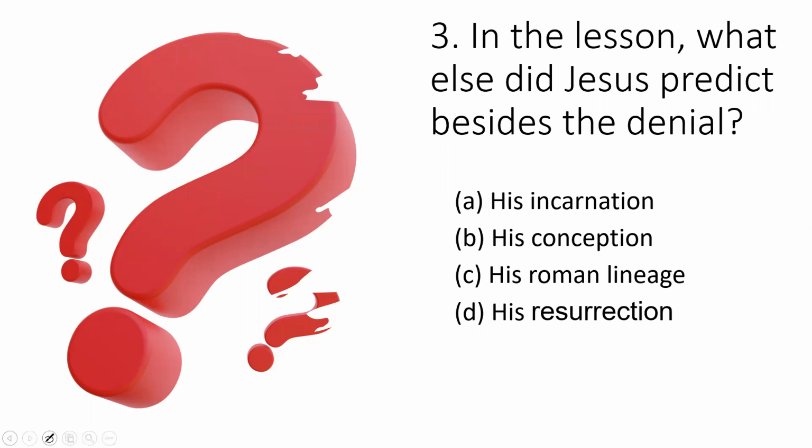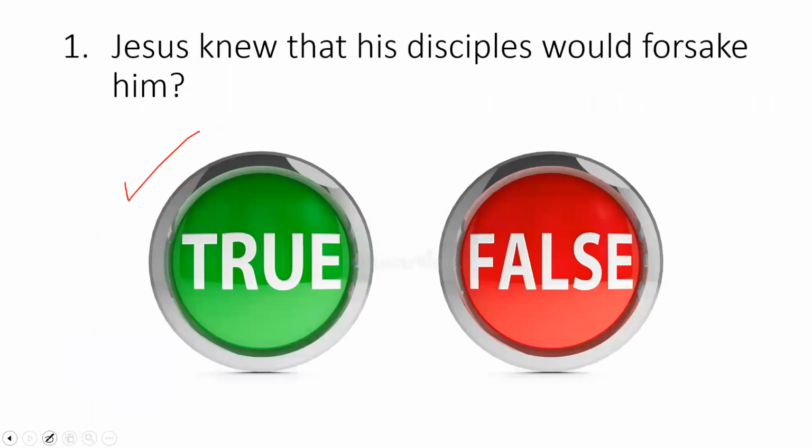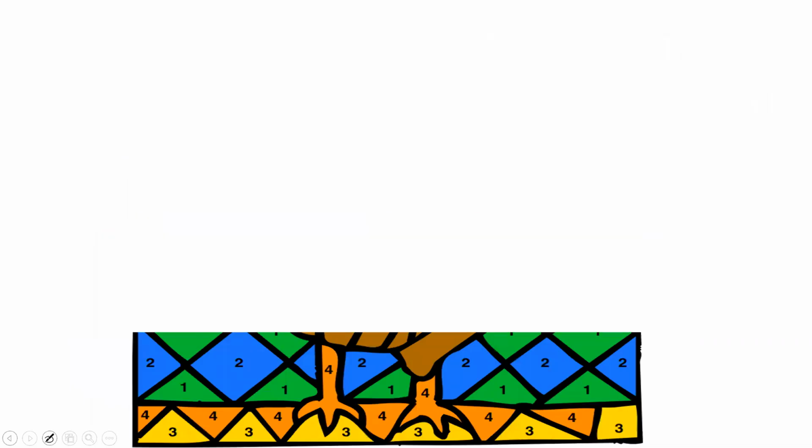Does anyone need a hint, or are you good for number 3? No one needs a hint. Okay. Zarens, why did you choose D, his resurrection? Is it because everybody else put D?